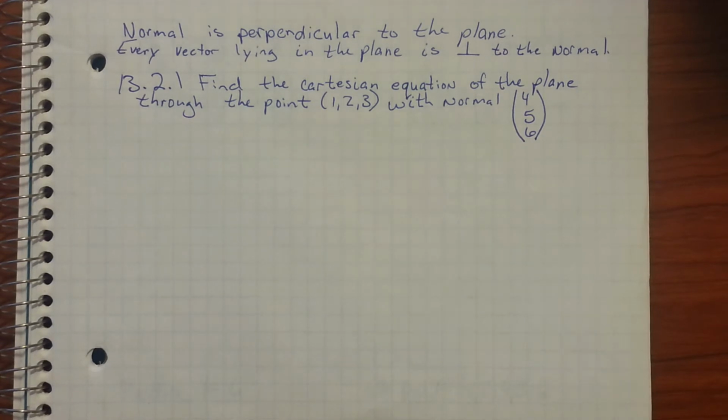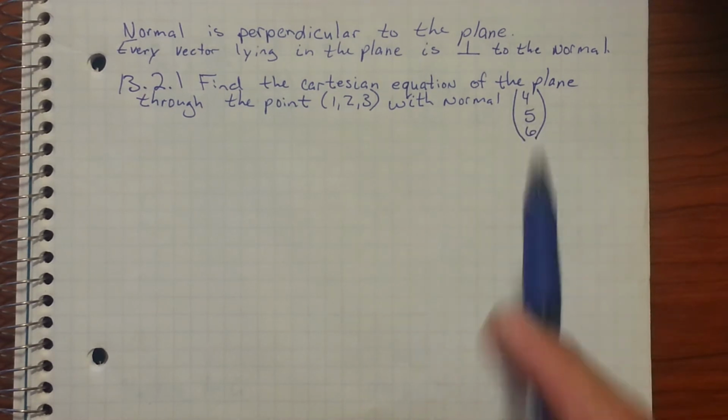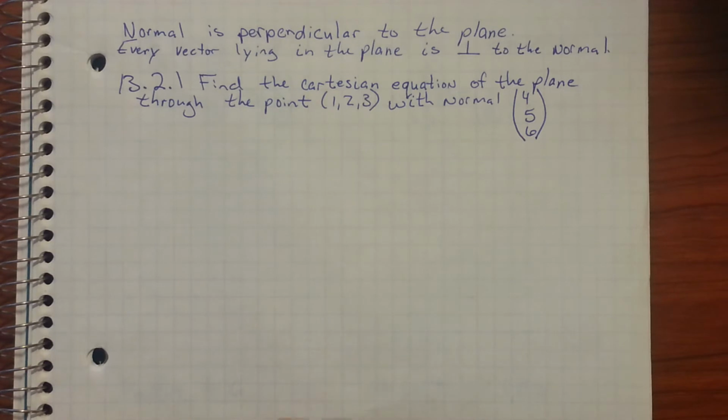Now let's take a look at this one right here. It says find the Cartesian equation of the plane through the point (1, 2, 3) with a normal of (4, 5, 6). There is a way of writing this out.